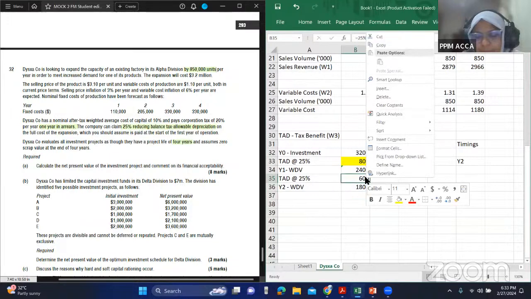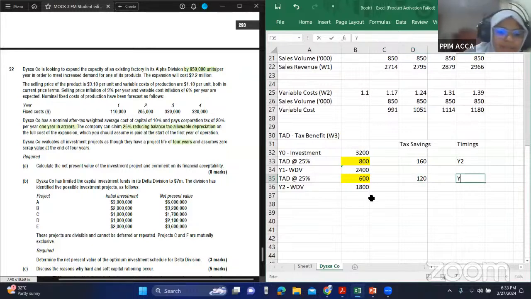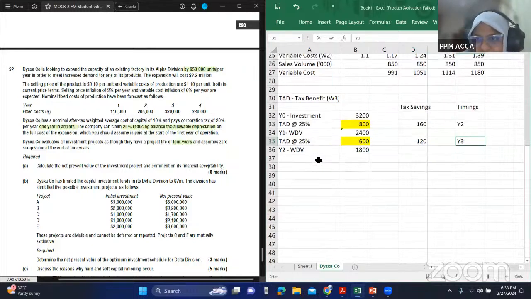And where will the tax savings happen? It will happen with the tax allowable depreciation. So I'll just bring this figure down. You can see this will be 20% of 600. And the timing will be in year 3, 1 year later.